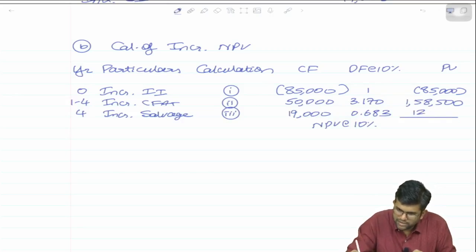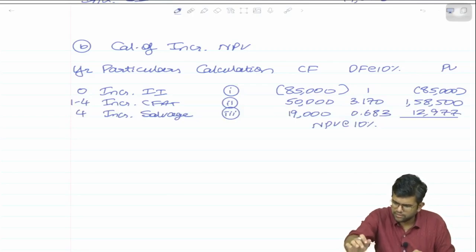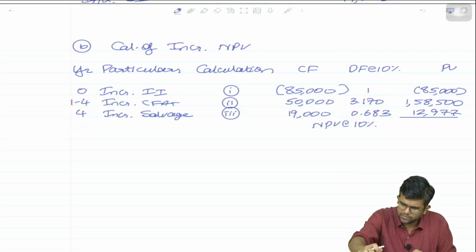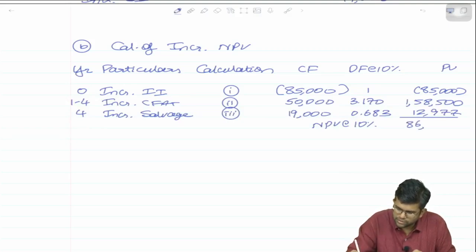This is 12,977. And the final answer comes to, hold on, something wrong I have done. 158,500 plus 12,977 minus 85,000. Yeah, 86,477. Everybody clear?